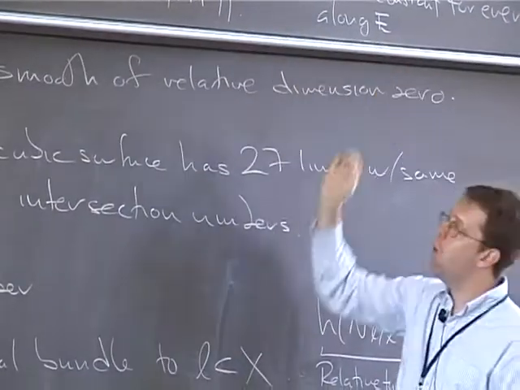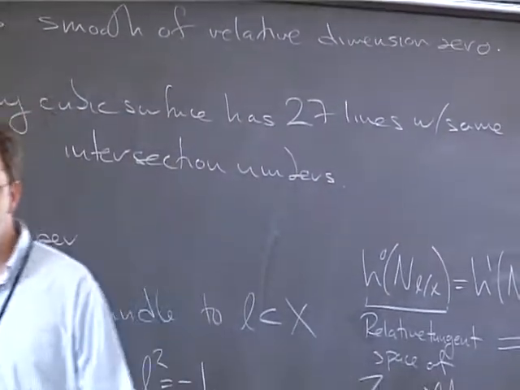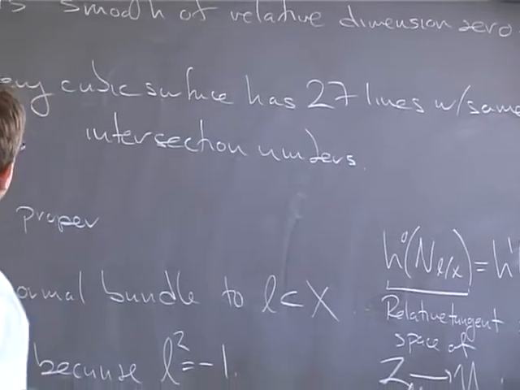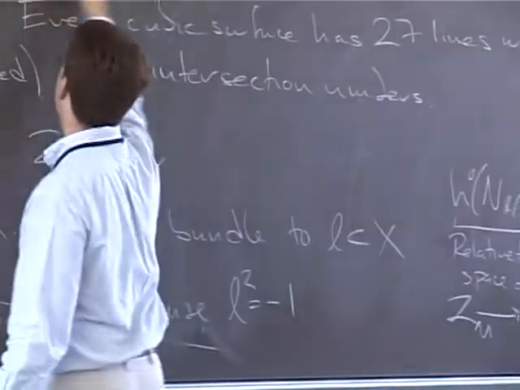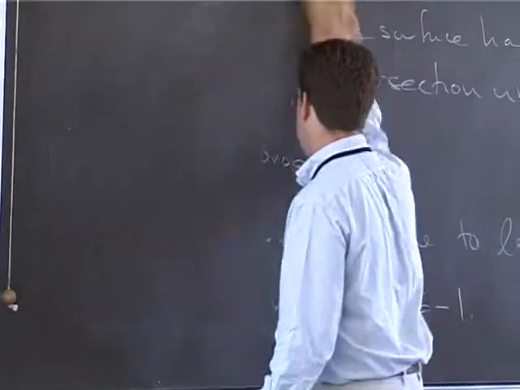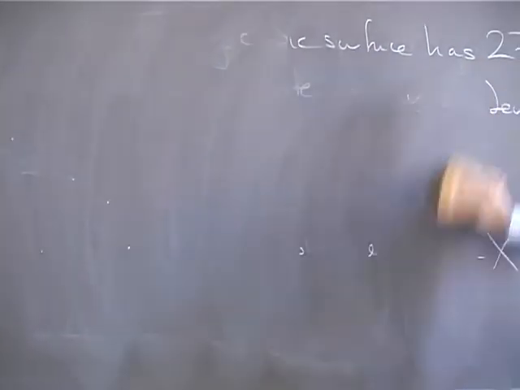Now, once we have this, we have a pretty good control over all birational maps between smooth projective varieties. So let me show you how this works.